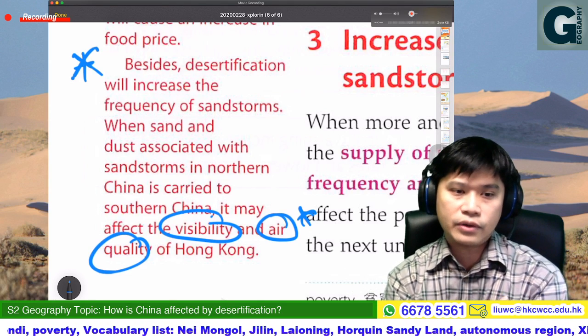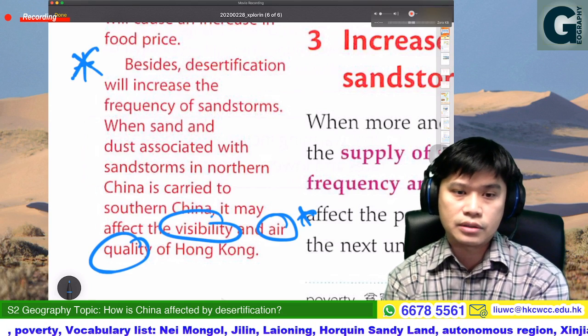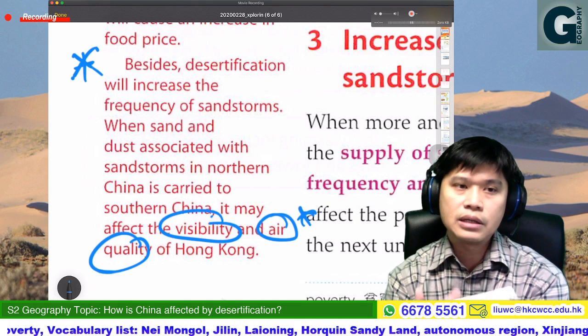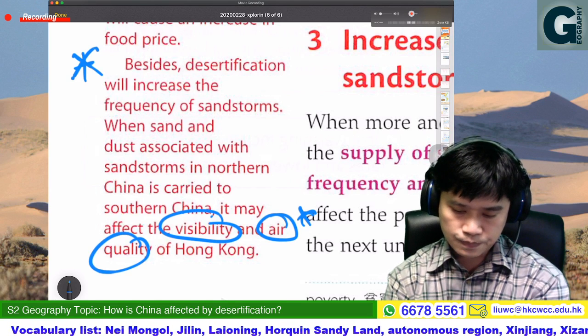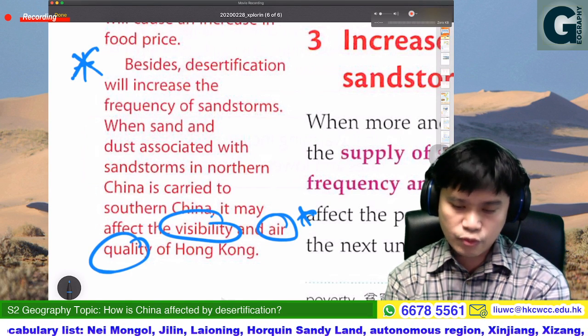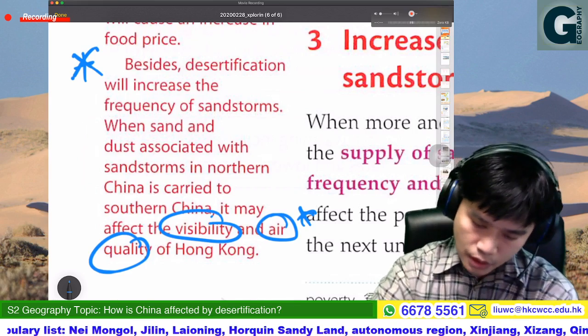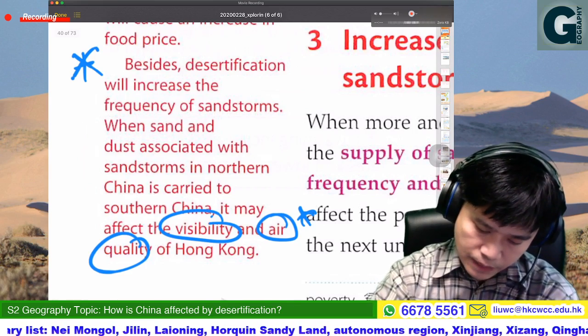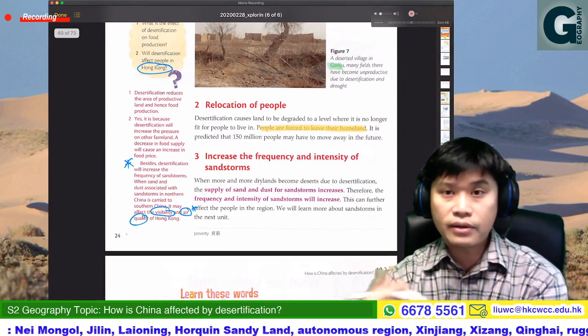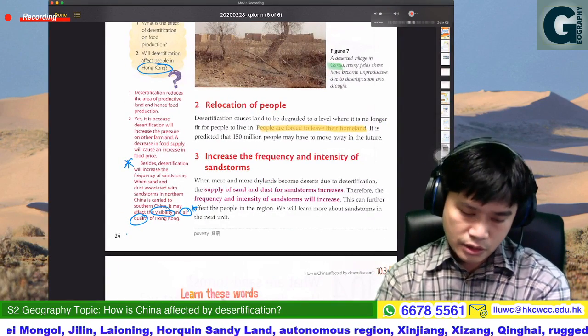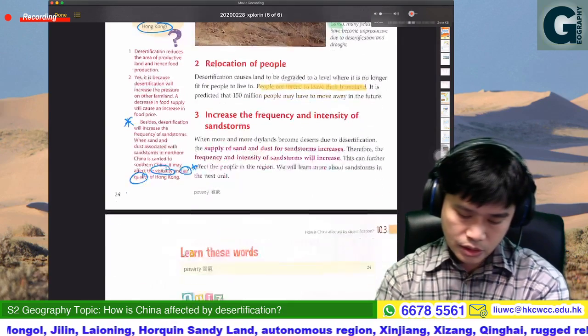Okay, so therefore, for desertification, I would say that may also affect the residents in other places. So this is about the lesson, okay? So about the case study for the desertification in Hong Kong.